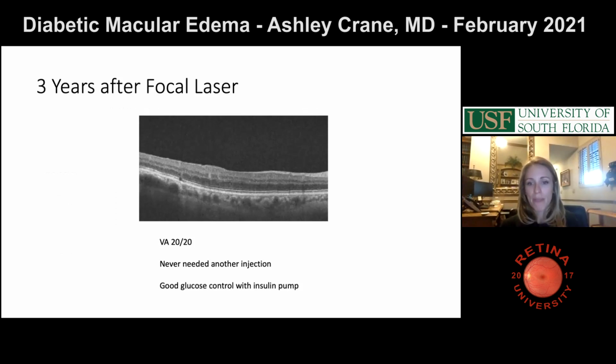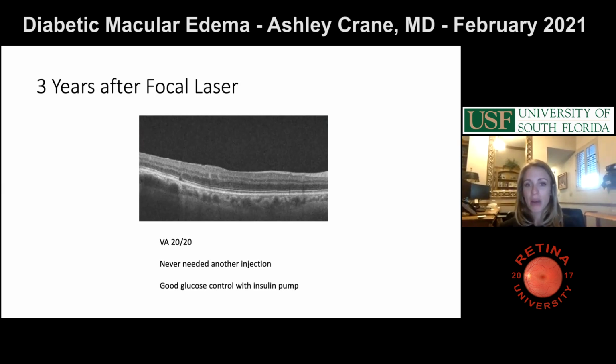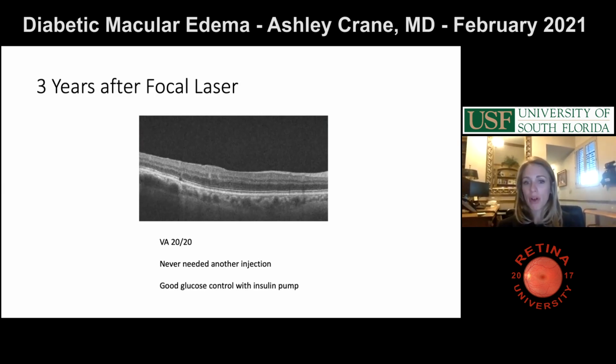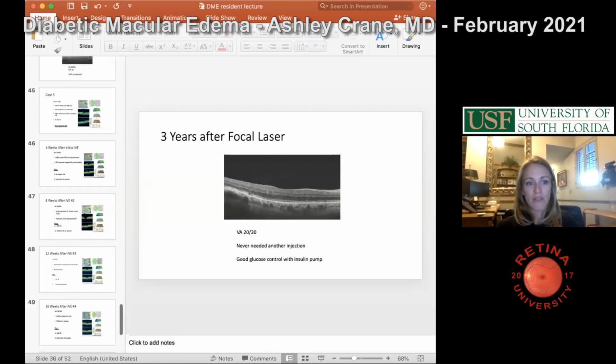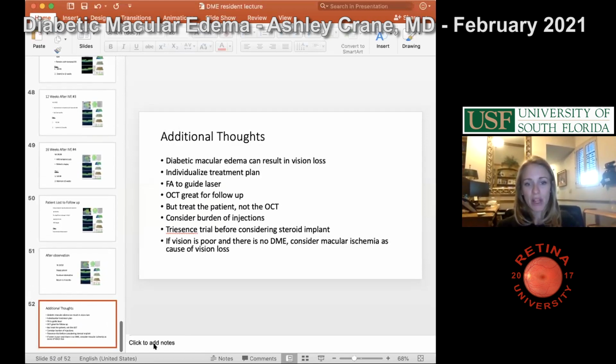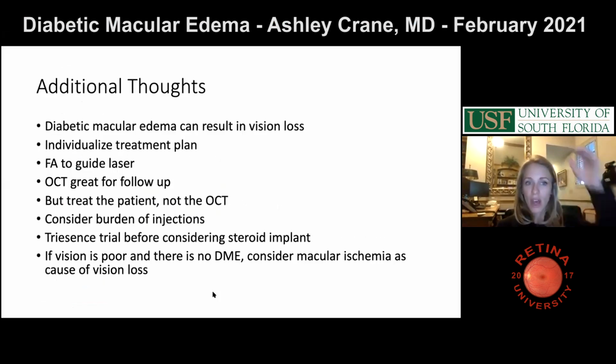I know that in training these days we don't do focal laser that much, but it can be really helpful. That's the difference between this gentleman needing 3 years of injections and nothing at all after focal laser. So just remember it. I think I'll go to the very end because I had a couple more cases, but I'll let everybody else give cases.